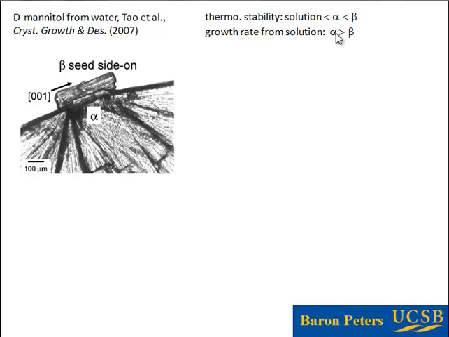But what happens instead is that it cross-nucleates alpha on the surface of the beta seed, and then alpha grows quite quickly and exhausts the supersaturation, and now you have to wait for a polymorph transition to take you from alpha to beta.